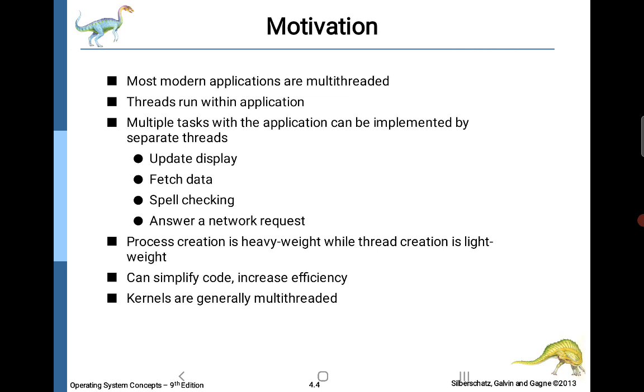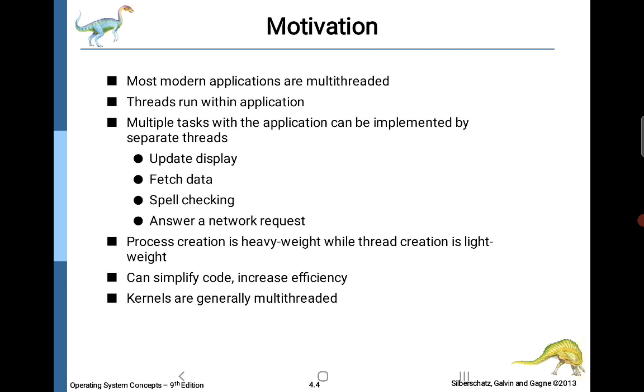Another one is doing a spelling check. A third one is fetching data. A fourth one is communicating with the network. So this, as we've said, will lower the cost of creating a new process to handle each of these tasks. At the same time, it will give you the efficiency and the responsiveness that you need.